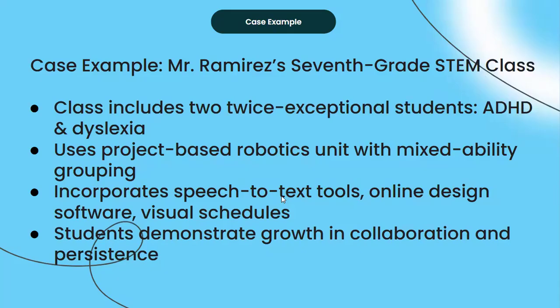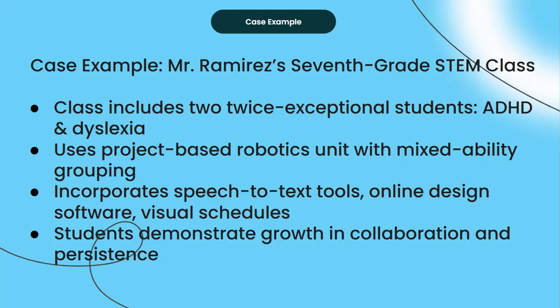Let's look at this case example. Mr. Ramirez teaches 7th grade STEM, where his robotics unit becomes a model for integrating technology and inclusion. Two of his students are twice exceptional, one with ADHD and another with dyslexia. Instead of modifying down, Mr. Ramirez differentiates up, focusing on engagement, creativity, and access.